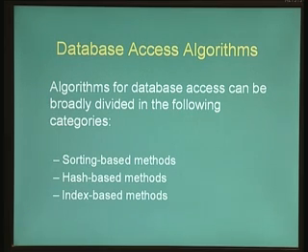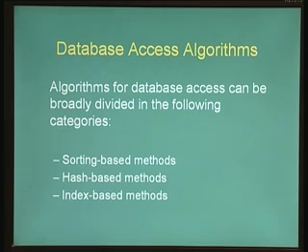We can broadly divide algorithms for data access into one of the three following categories. We call them sorting based methods, hash based methods, and index based methods. These methods are typically oriented towards increasing the effectiveness of search. In a sorting based method, the relations that are scanned are scanned using the sort scan operator.